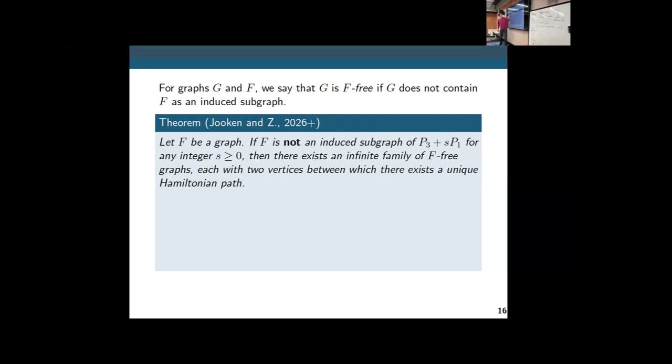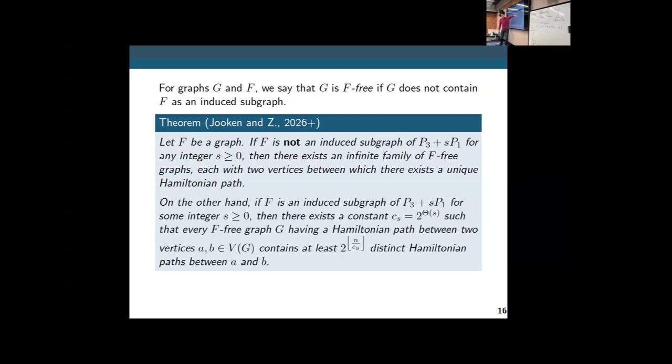Then if F is not an induced subgraph of this, there is an infinite family of F-free graphs, each with 2 vertices between which there exists a unique Hamiltonian path. So you can find these graphs such that you have exactly one Hamiltonian path between some 2 vertices.